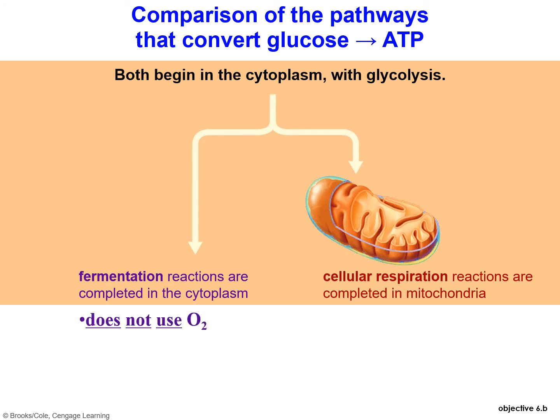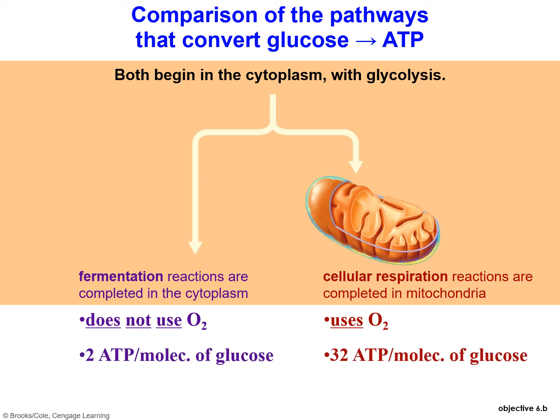While fermentation reactions do not use oxygen, cellular respiration reactions do, and fermentation produces 2 ATP molecules per glucose. Right now, the number of molecules per cycle of the reaction doesn't really mean much of anything.